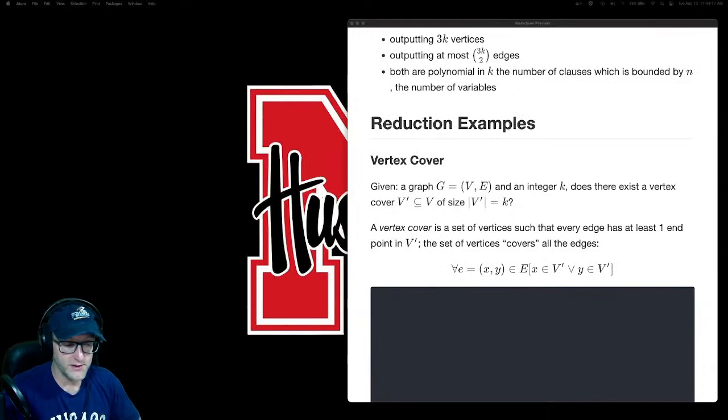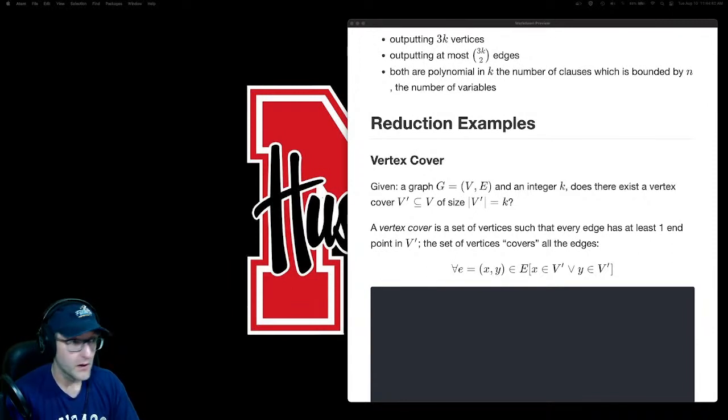A vertex cover is a set of vertices such that every edge has at least one endpoint in V prime. It covers all of the edges. So we're going to reduce from the problem that we just looked at, the clique. I'm just giving that to you basically. That's what we're going to reduce from.